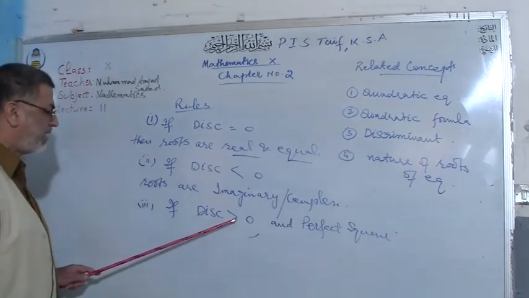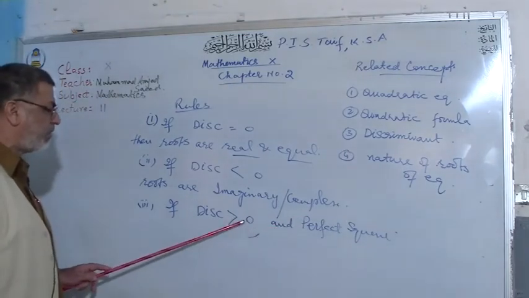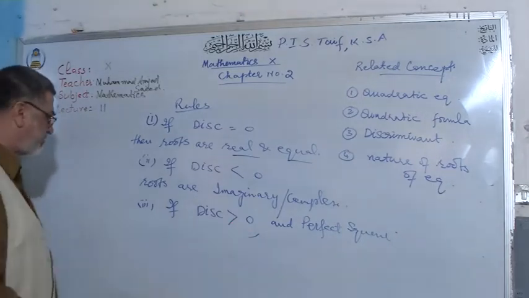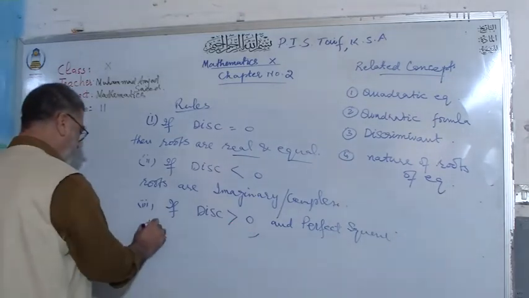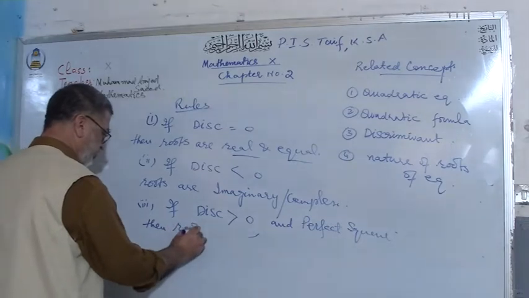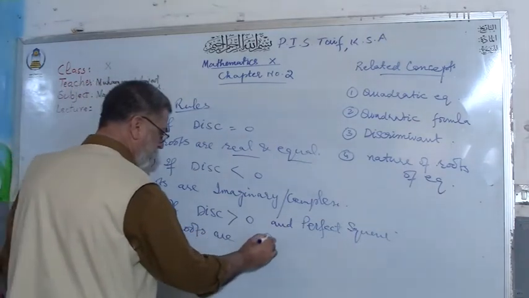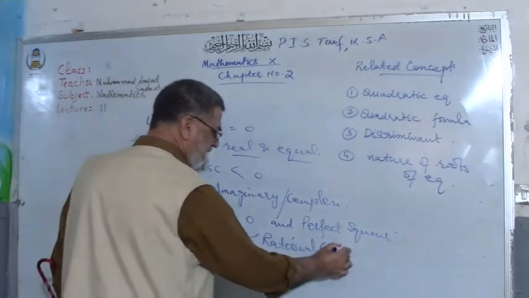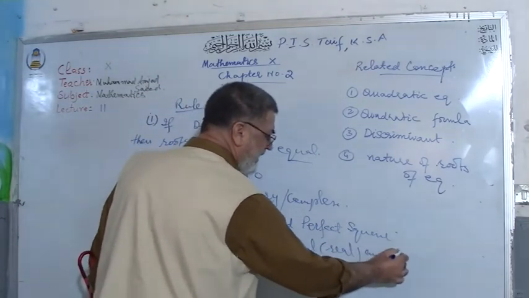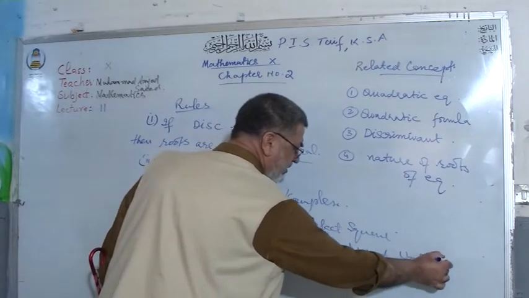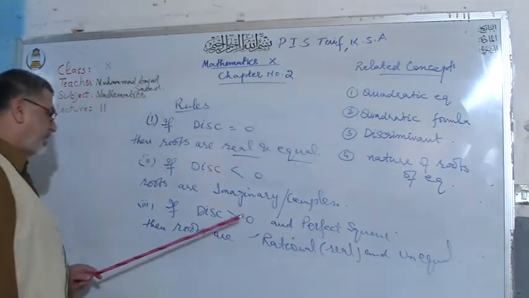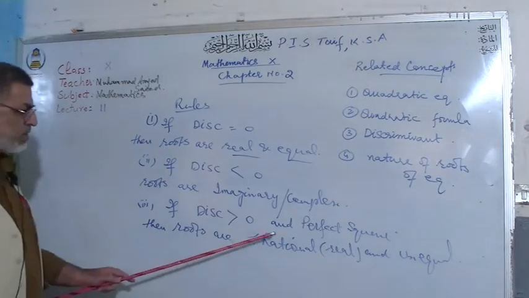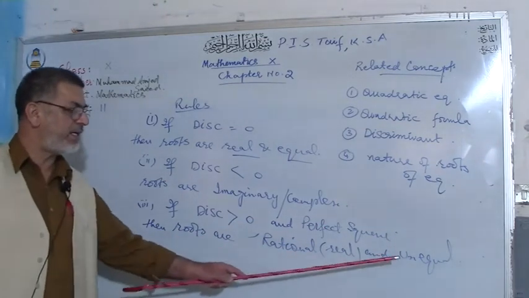Perfect square means this will be 4, 9, 16, 25, 49, etc. Then roots are rational, mean real and unequal. Remember that if the disc is greater than 0 and perfect square, roots will be rational, real and unequal.